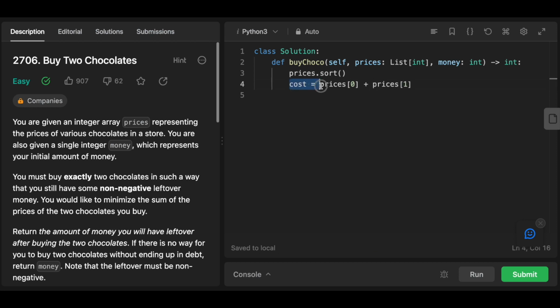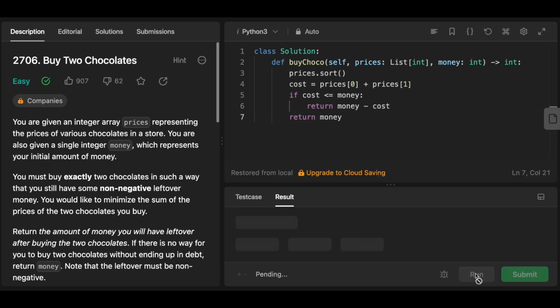These would be the minimum 2 cost prices, and as long as this cost is less than or equal to our initial starting money, we can return money minus whatever the cost is. Otherwise, if the cost exceeds our start money, then we just return money. And let's do that first.